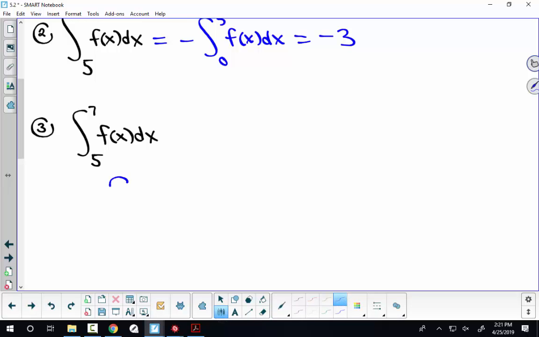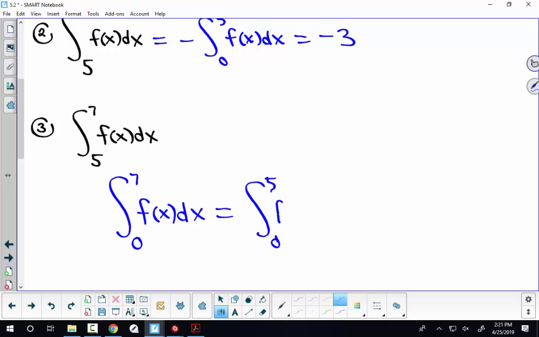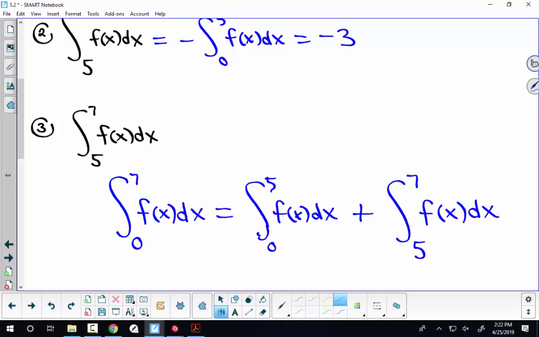So if we think about the total, the integral from 0 to 7, as the area from 0 to 5, plus the area from 5 to 7, so maybe, Matthew, that's how you were thinking of it?